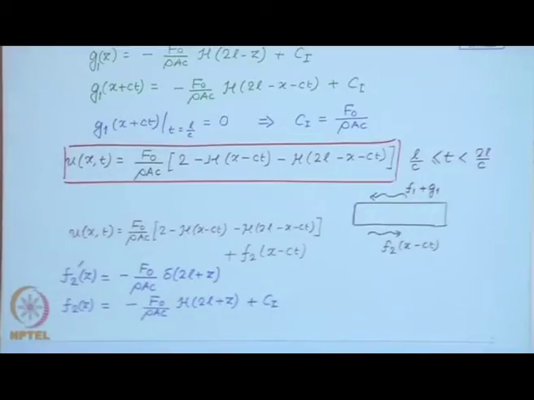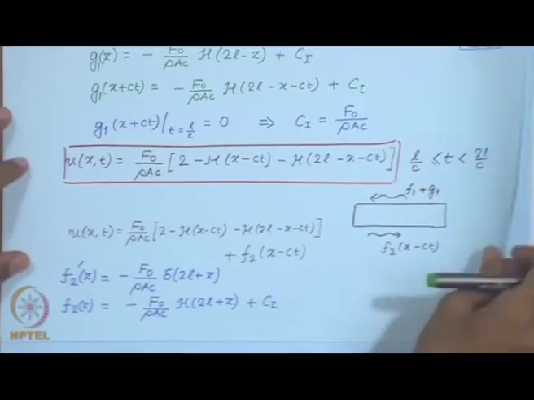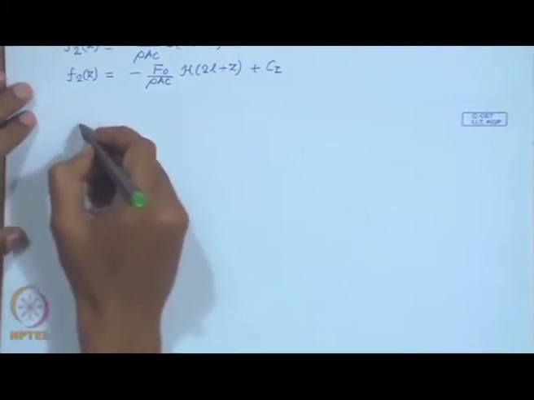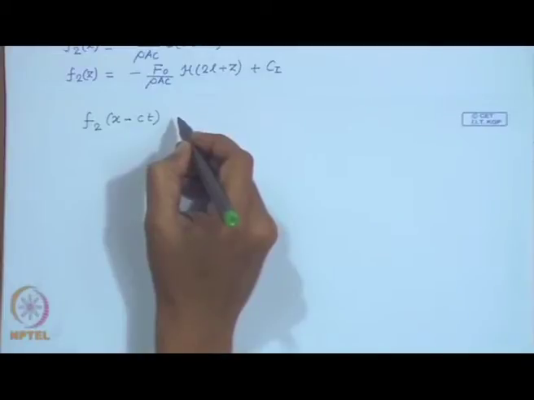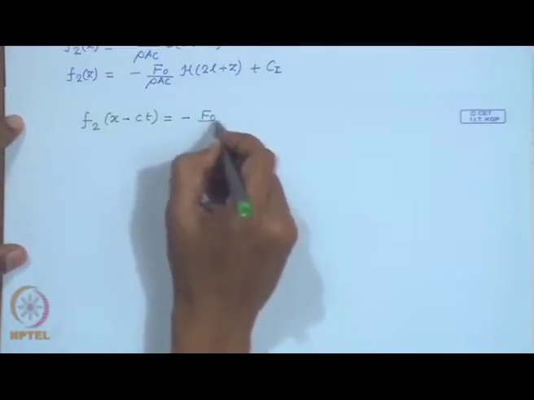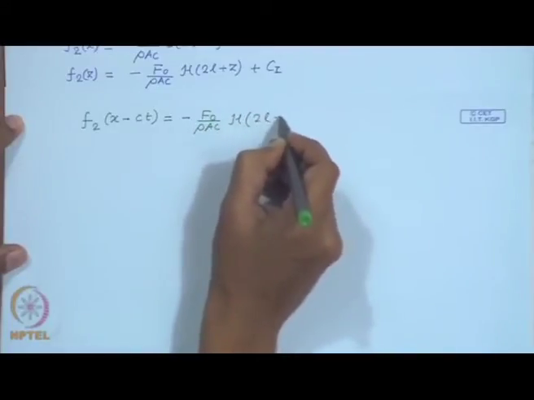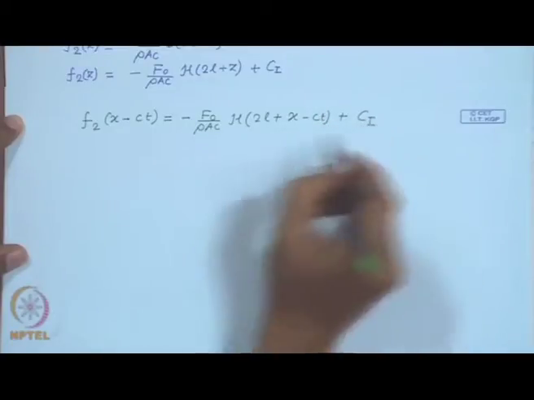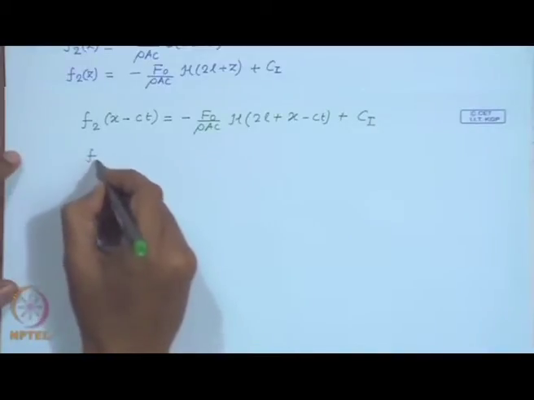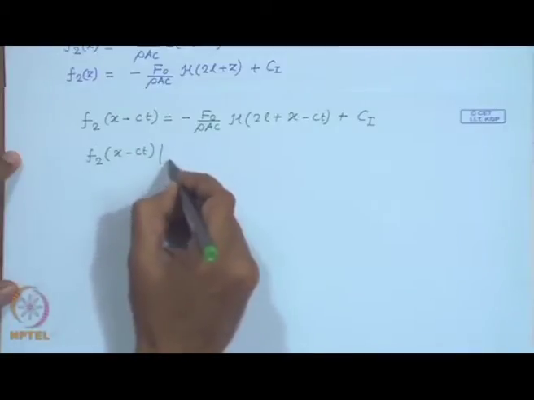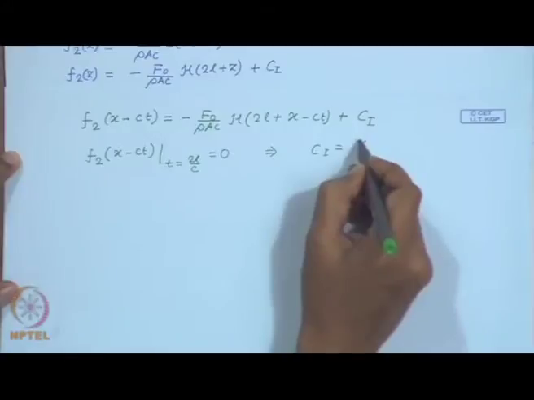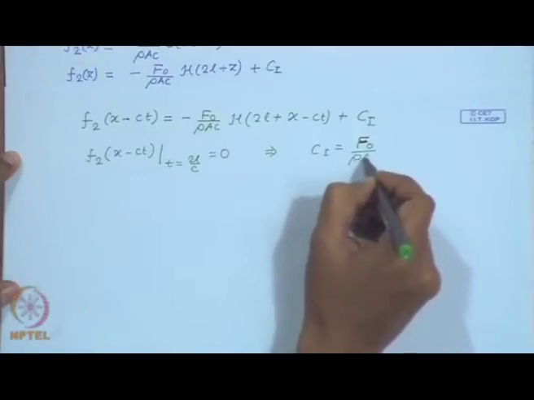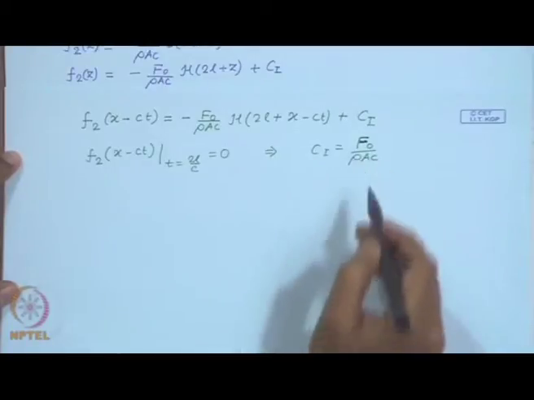and so therefore, now we use the condition that f 2 is 0 when t is just 2 L over c, and that gives us once again the integration constant, which is f naught by rho A c.